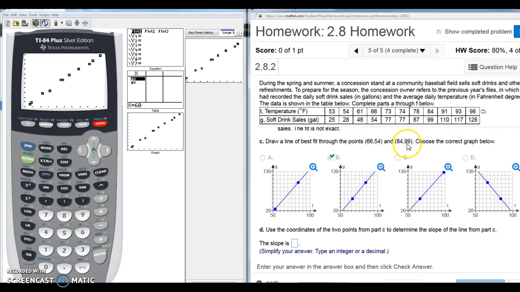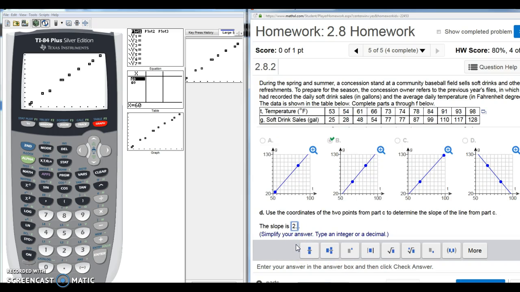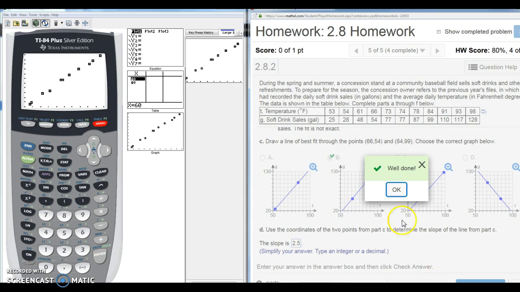So I'm going to have 99 minus 54, which will give me 45, over 84 minus 66, which is 18. So I said 45 divided by 18, which is 2.5, and it says type an integer or decimal, so that's fine. I don't need to have a fraction.